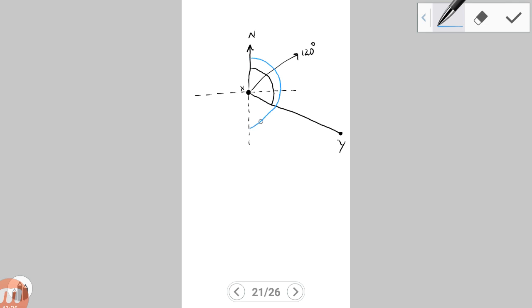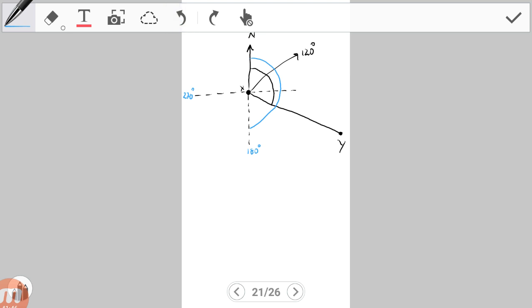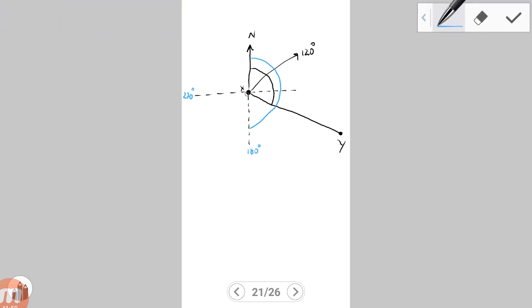Now I want you to notice that this is 180, guys, and this is 270 degrees. Let's establish that first. In between here would have been 225, so 210 is going to be maybe here in this direction. So 210 about here.